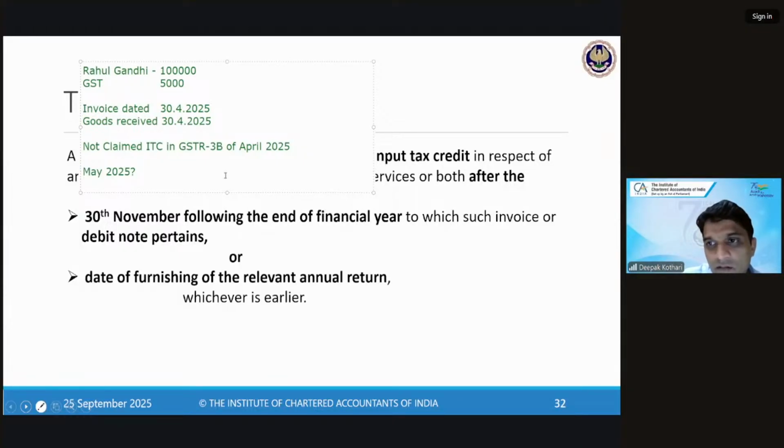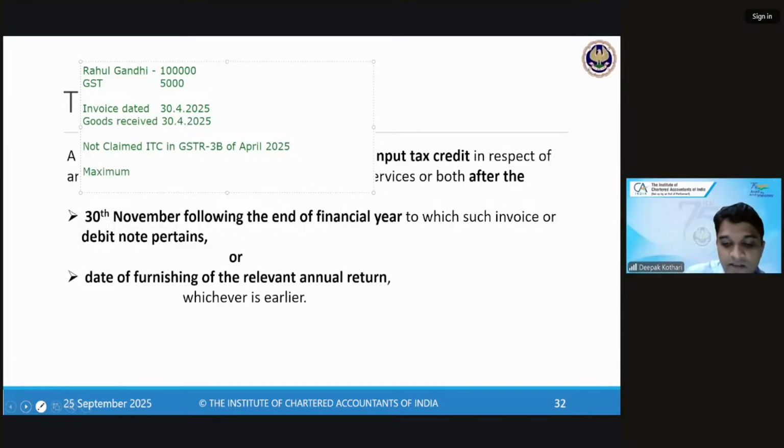Yes, you can claim it. Correct. So we can claim it in May, we can claim it in June, we can claim it in July, any month you can claim it. Now, why you had not claimed it is because the supplier has not uploaded it in his GSTR1, so it is not showing in your GSTR2B.